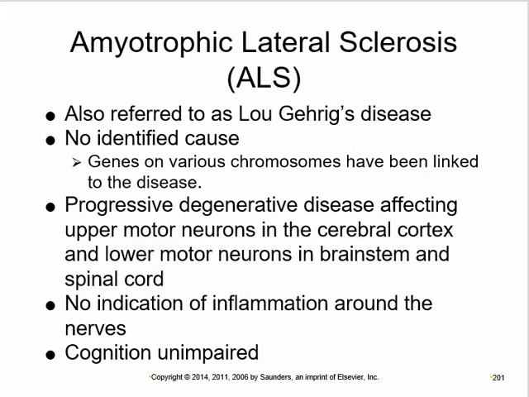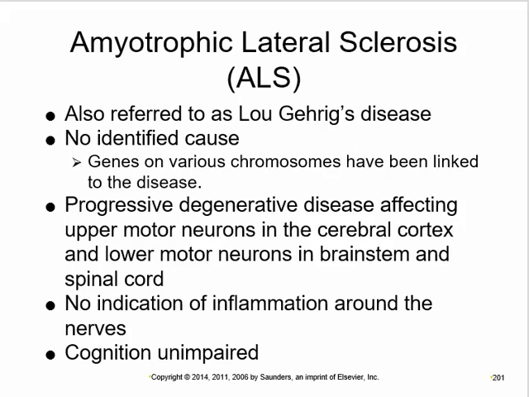So it's a progressive degenerative disease, and it affects the upper motor neurons. So the lower motor neurons are the ones that exit the spinal cord. Then the upper motor neurons are the ones in the cerebral cortex that go from the primary motor areas of the brain, which are on the lateral side of the brain, into the spinal cord, right?